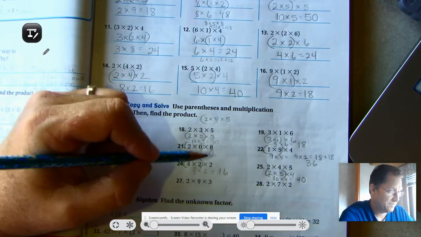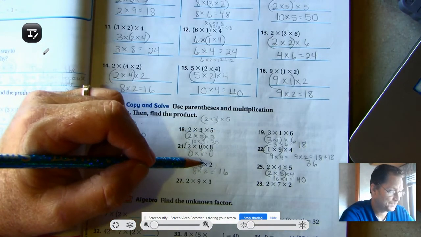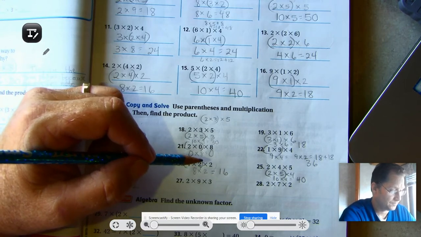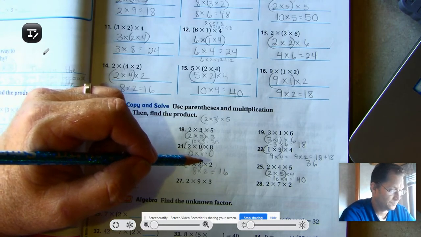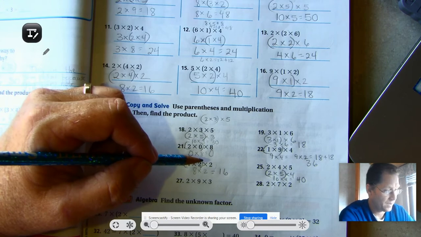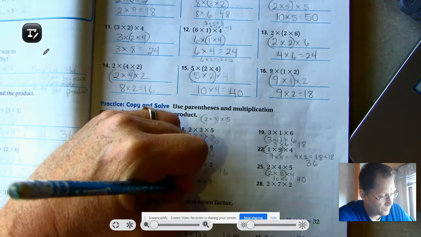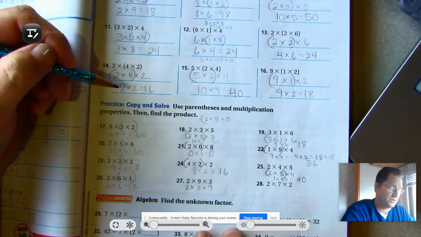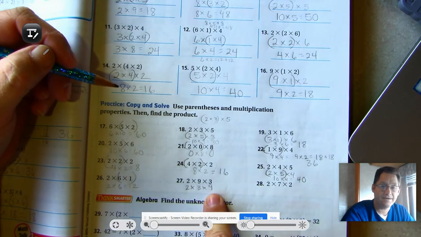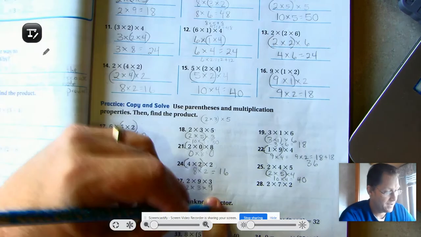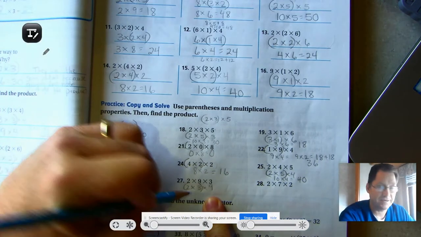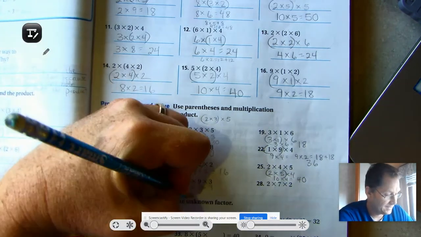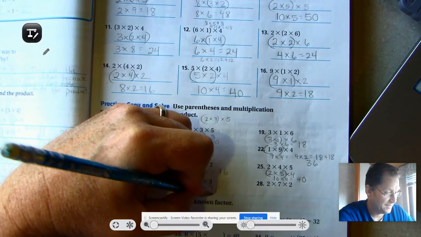2 times 9 times 3. I'm going to change the order and go 2 times 3 times 9. So I switched the order of the 3 and the 9 using the commutative property. And now I'm going to group the 2 times the 3 and get 6 times 9.